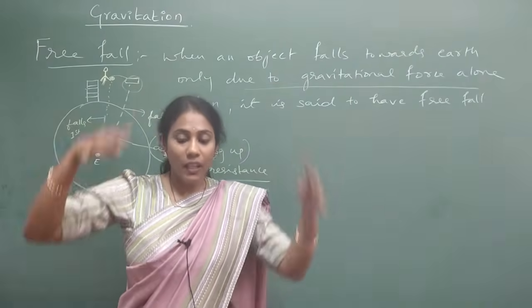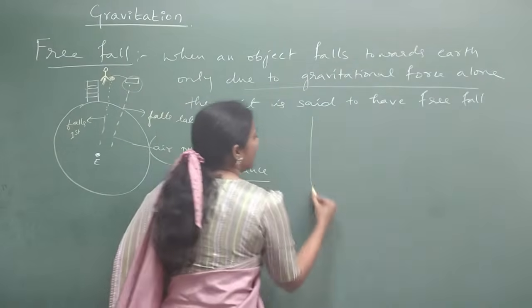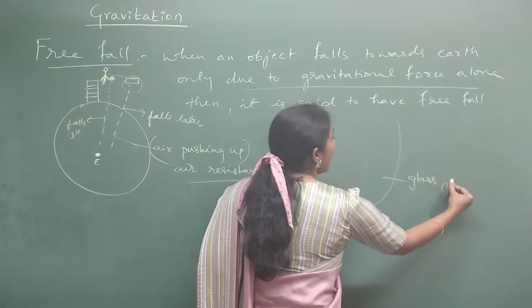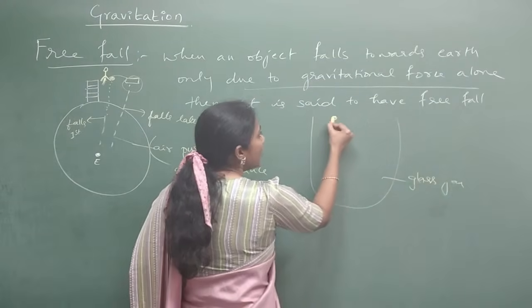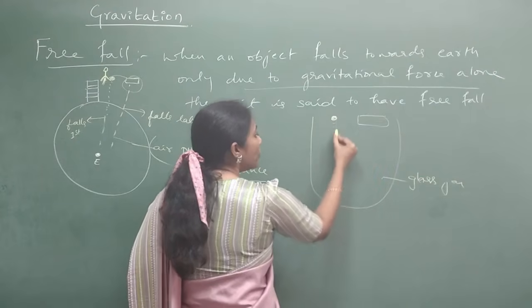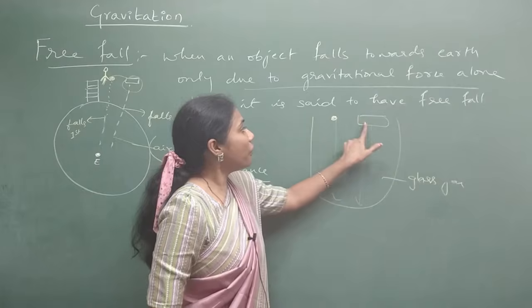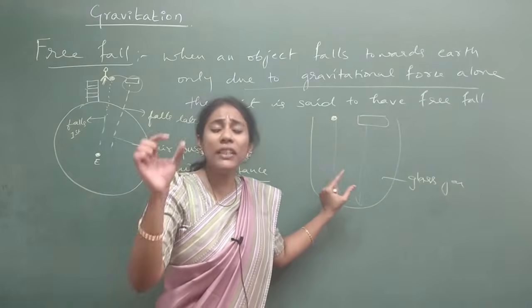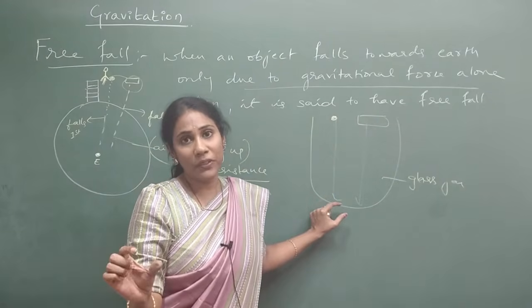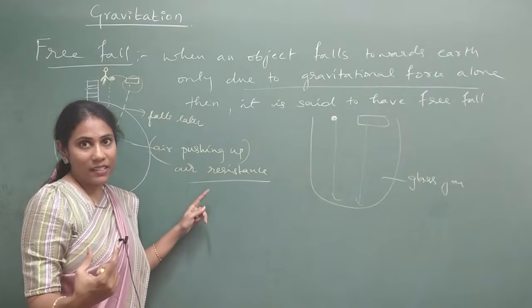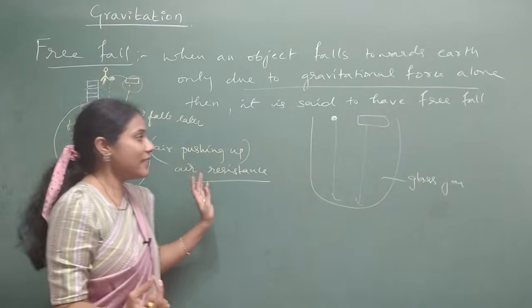You take a big glass jar, you throw a stone and you also throw a paper. Both of them fall with the same speed, because both of them are experiencing only gravitational pull. In between there is no air resistance or air push.